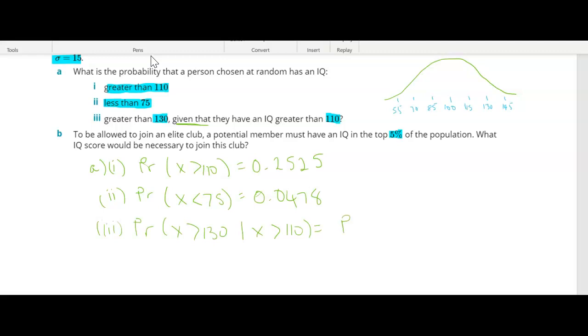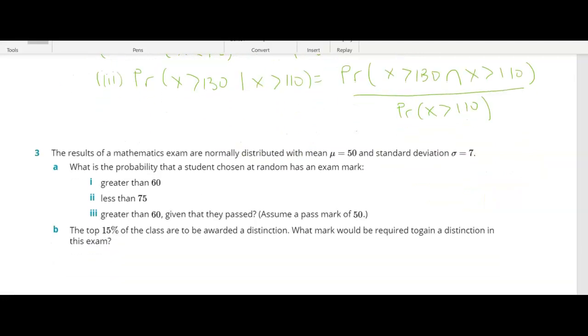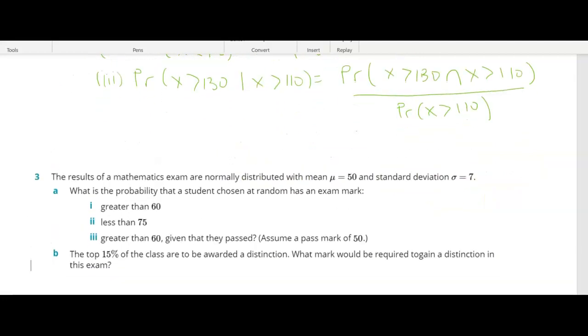So we want the probability x is greater than 130 and x is greater than 110, over the probability that x is greater than 110. You can draw a number line if you want. x greater than 130 is also greater than 110.